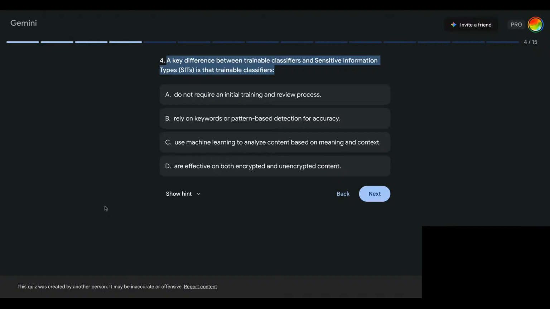I think this one you should know the answer. Sayed, you're saying OWASP. Which one is it? A, B, C, or D?